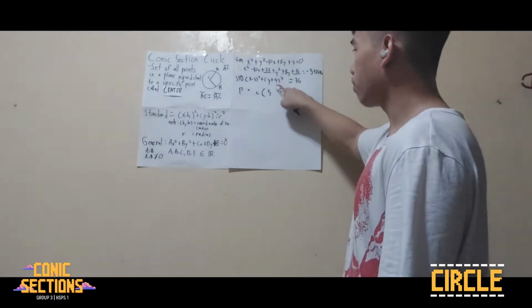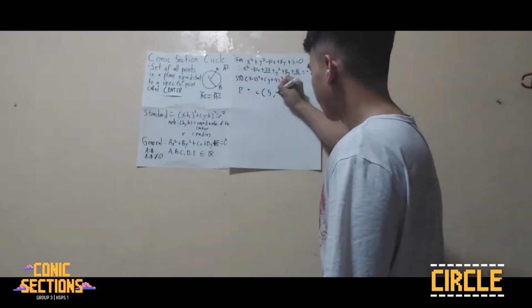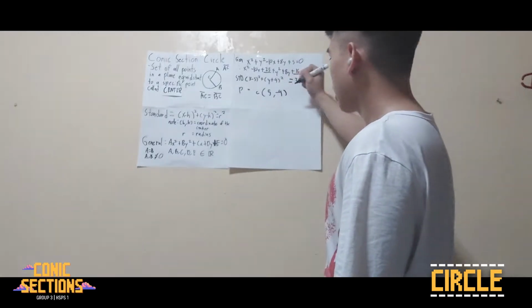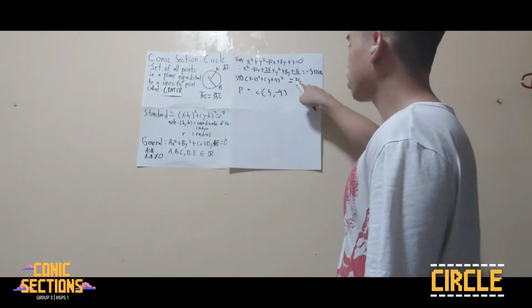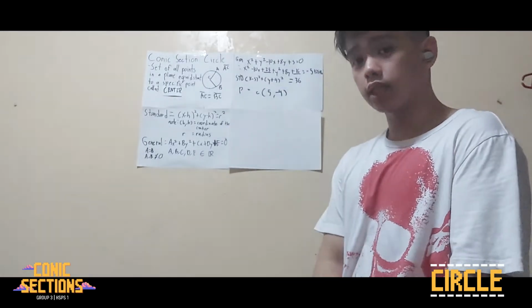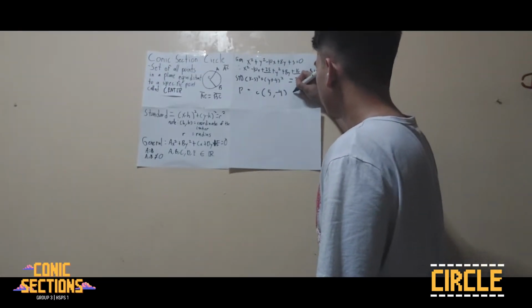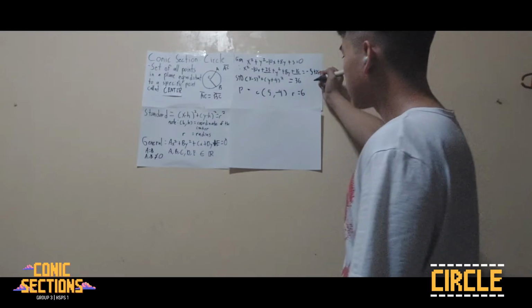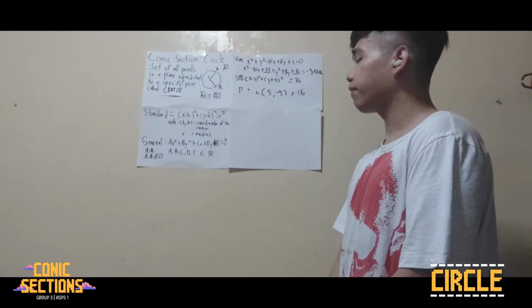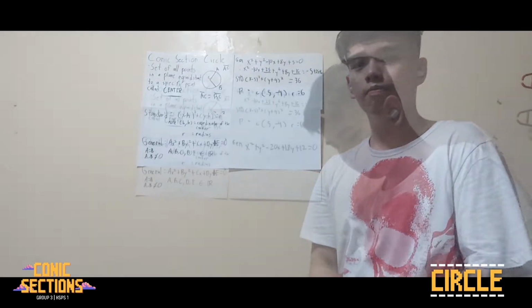Same with here, positive 4 becomes negative 4. And remember, there's an r squared in here, so we should square root this. What is the square root of 36? It is obviously 6. So r equals 6. And that is technically it for the first example, from general to properties.